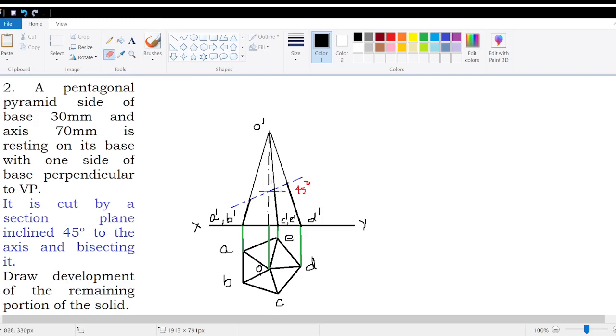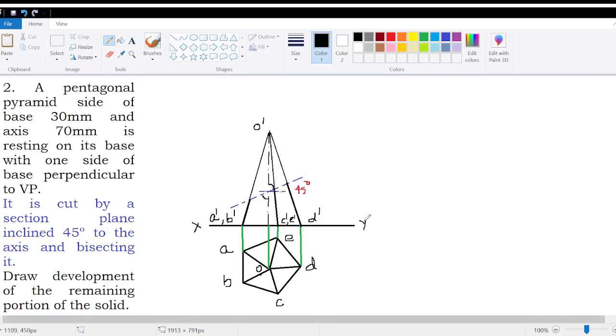So this cutting plane meets the axis at its midpoint. Now that is at an angle of 45 degrees. So this angle, either this one or this one, will be 45 degrees. So with respect to the axis, it has to make 45 degrees. And this is a cutting plane, and a cutting plane is drawn as long line, short line, long line, short line.